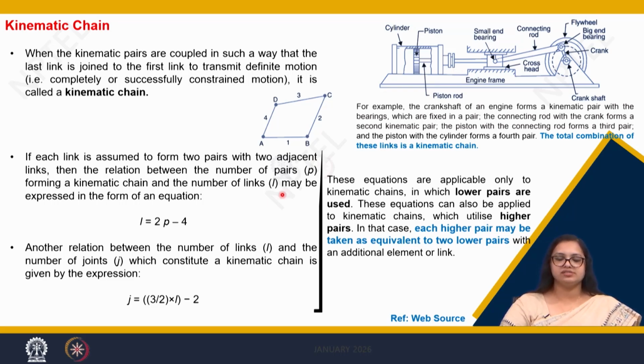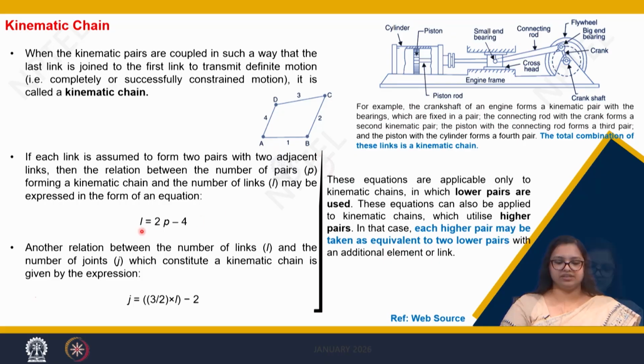However, there are certain rules that apply when there is a kinematic chain. The first rule is a thumb rule which relates the number of links with the number of kinematic pairs.